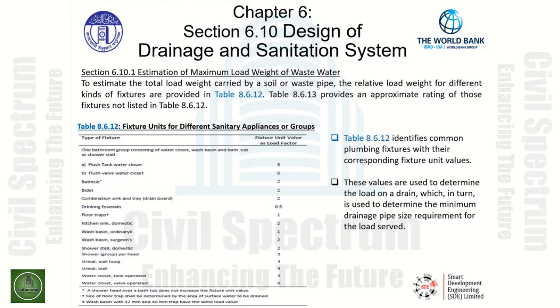Remember, this is a probability of the discharge, the successive operations, and time of discharge for that particular fixture. It's a probability. However, we are given a factor called a fixture unit factor.